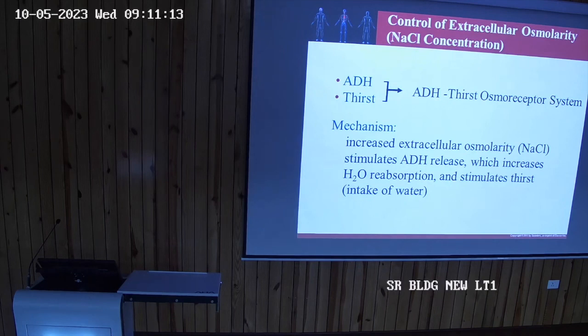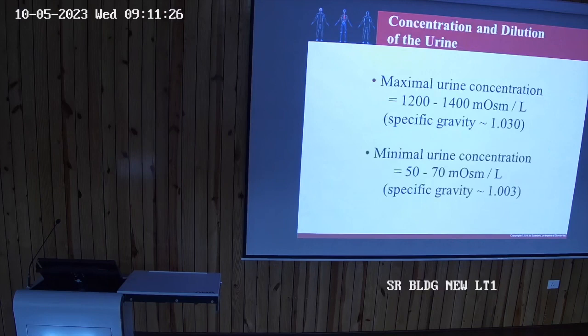Increased extracellular osmolarity means an increase in the concentration of sodium and chloride. That stimulates ADH release, which increases water reabsorption and stimulates thirst and water intake. Maximum urine concentration which can take place is 1200 to 1400 milliosmoles per liter.